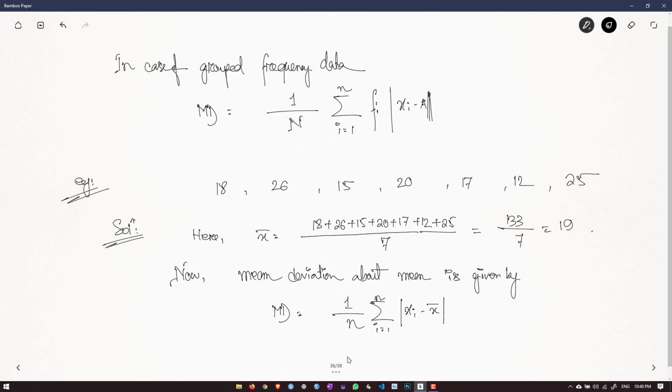For this we have to find the difference between each xi, that means x1, x2, x3, x4, x5, x6 and x7, and the mean. The mean is 19, x bar is 19. In short, we subtract 19 from all of them, then add the values.